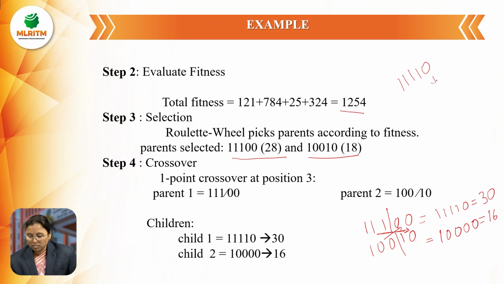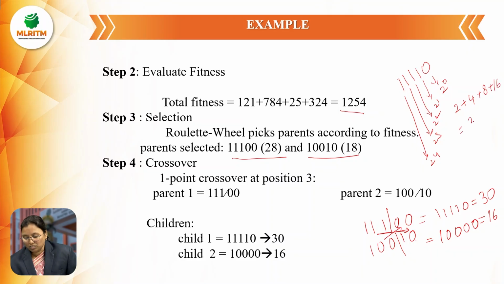In 11110, this is 2 power 0, this is 2 power 1, this is 2 square, this is 2 cube, and this one is 2 power 4. Like that we find these values. 0 into anything equals 0. 1 into 2 power 1 is 2, plus 2 square means 4, 2 cube means 8, 2 power 4 means 16.